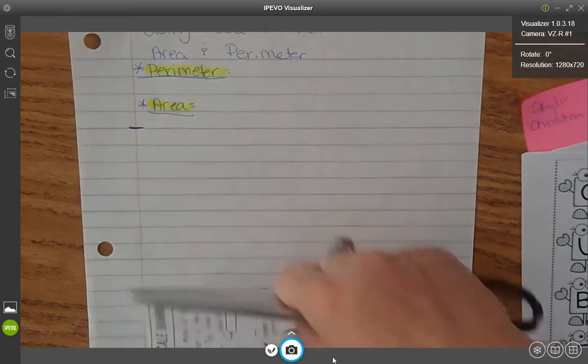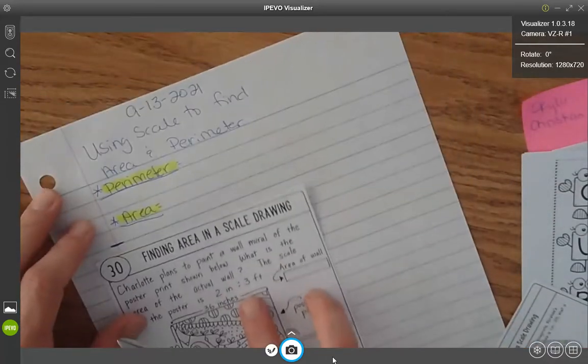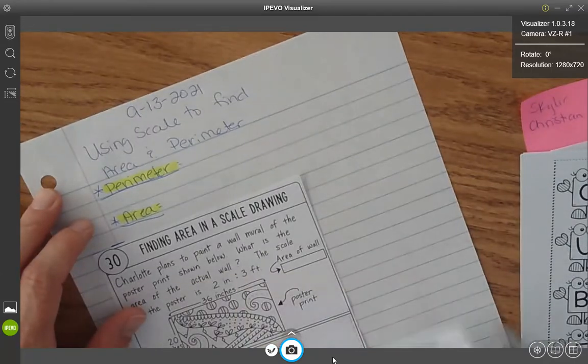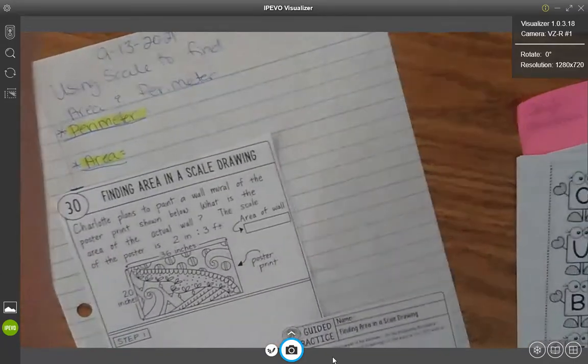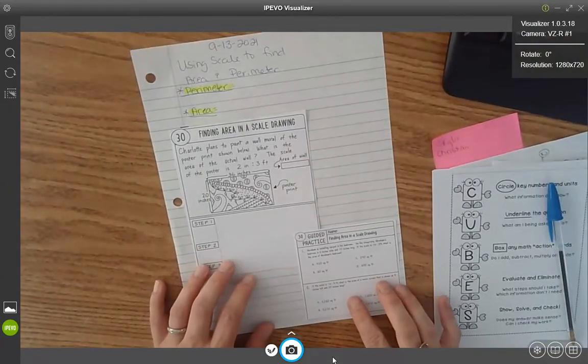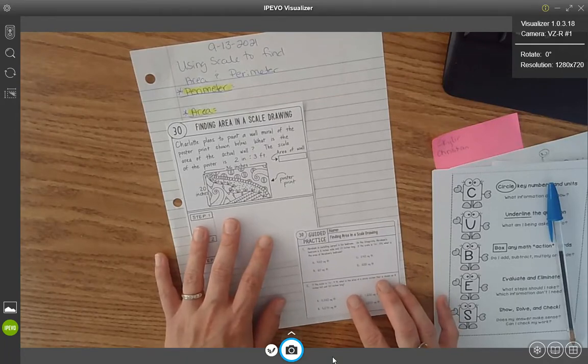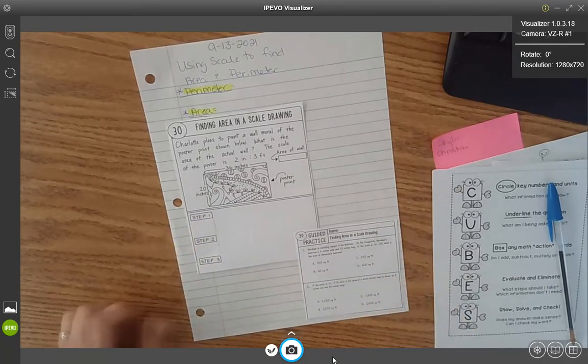Let's see, I think this will fit this way. When we're gluing these down, we can kind of overlap a little bit.